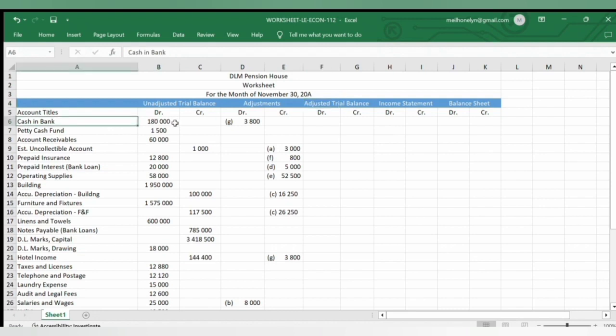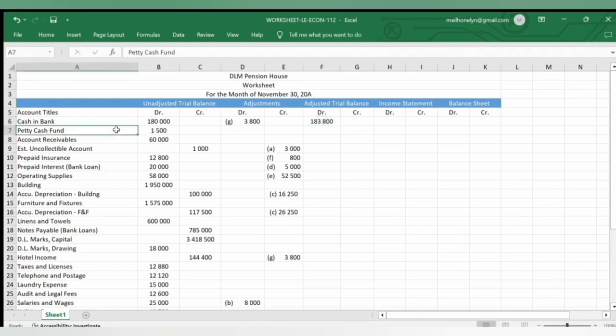So, let's start. The first one is the cash in bank. Since they are both debit, all we need to do is add them together and plot them on the debit side of the adjusted trial balance. So, 180,000 plus 3,800 is 183,800.